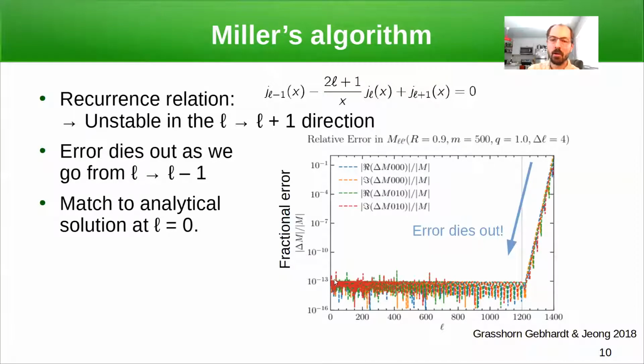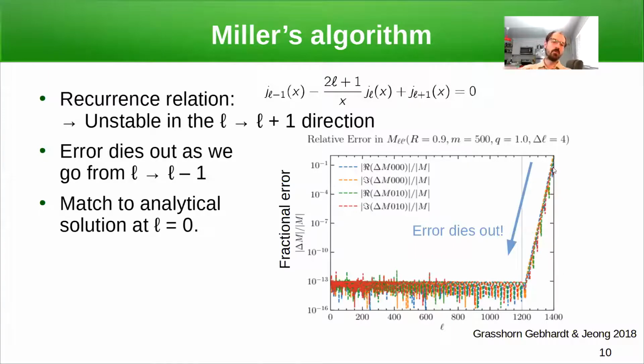And the key is that in the positive direction, going from small l to large L, the error starts to grow. You may start with a little error, and typically around L of a few hundred, the error just exponentially grows, and that's the end of it. It's very unstable in this direction. So Miller's algorithm starts with the idea that it doesn't actually matter what you start with.